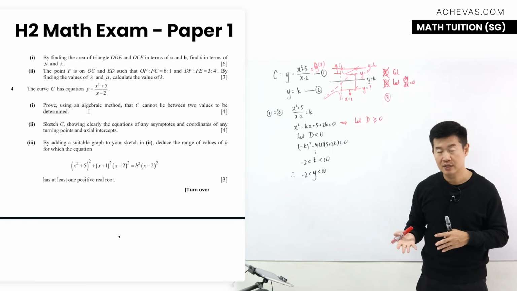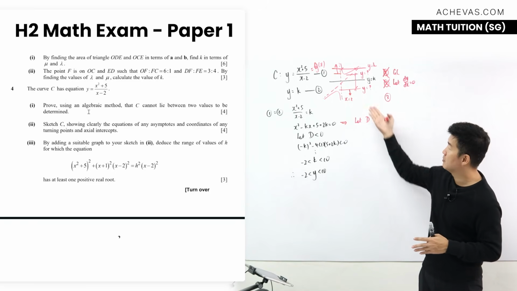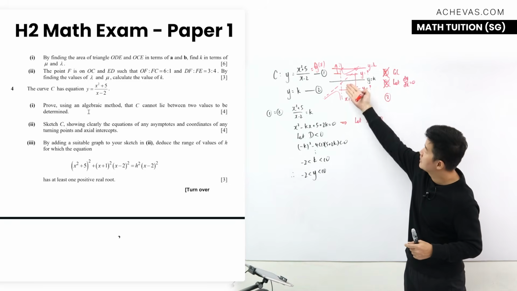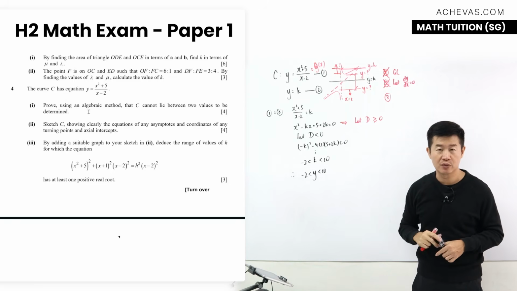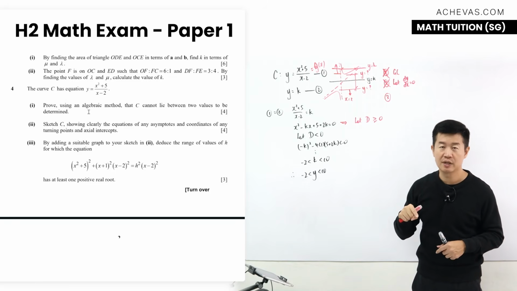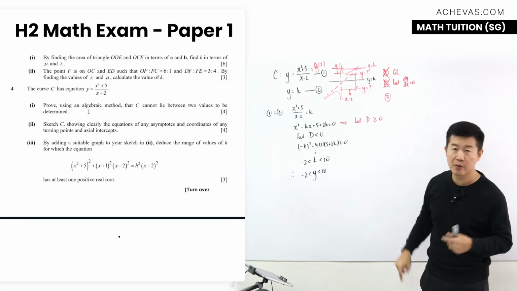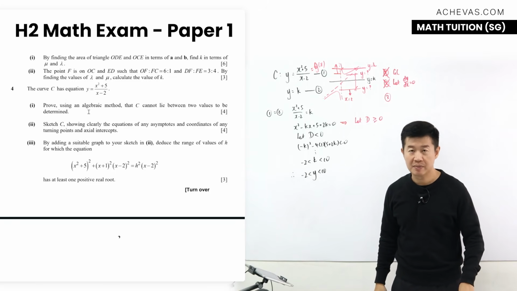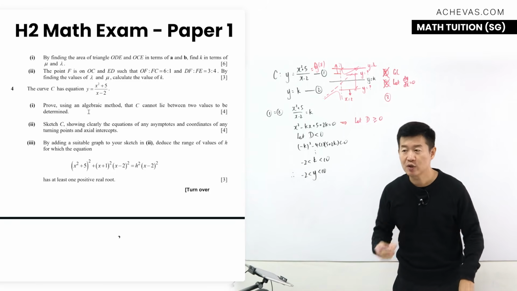Some people question, why can't I let the discriminant be equal to 0? You know, if it were to be this case, I should just let it be equal to 0. Should I let it be strictly bigger than 0? We must again question ourselves. What is this number 3? Number 3 is a non-graphical method. Ask yourself, why did you say that you want to let it be equal to 0? It's because you saw the graph.